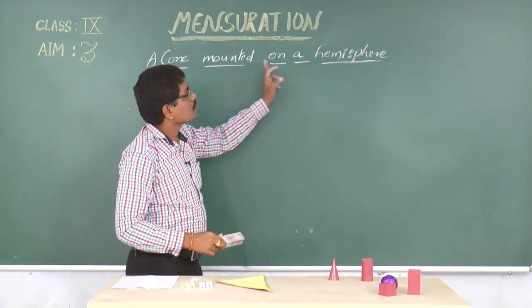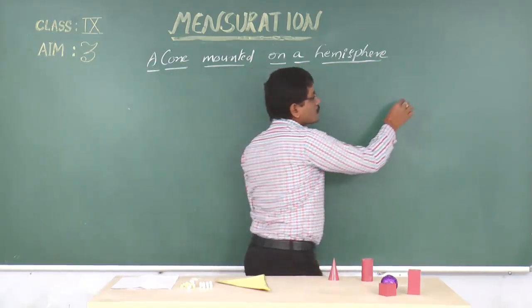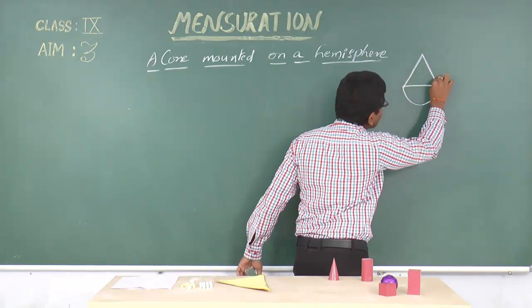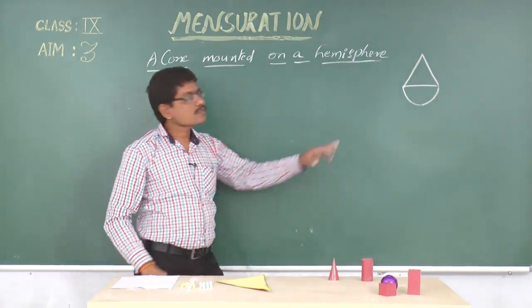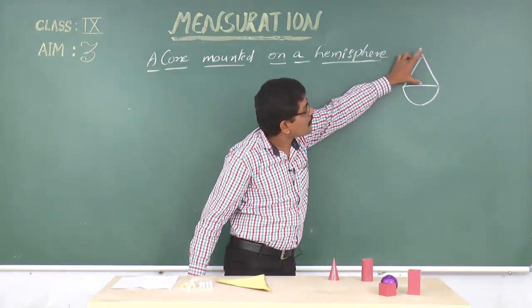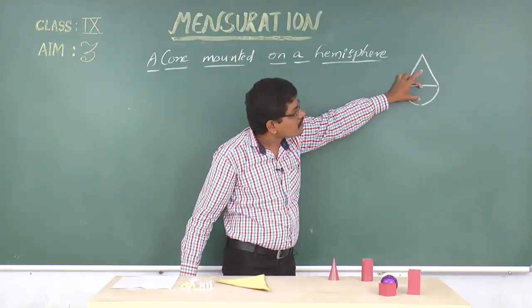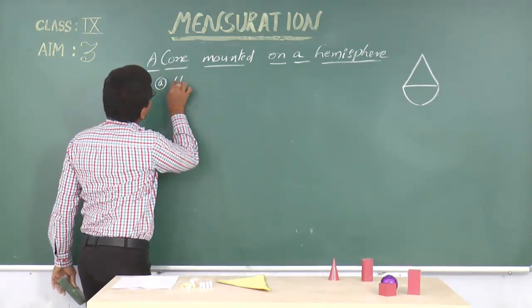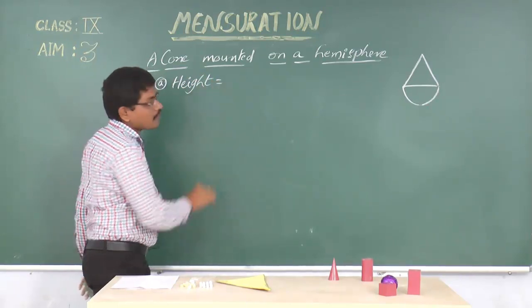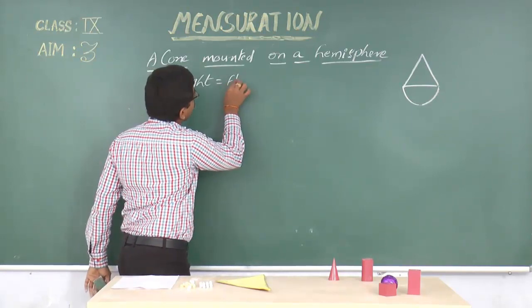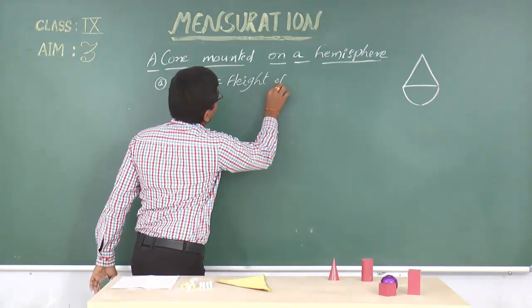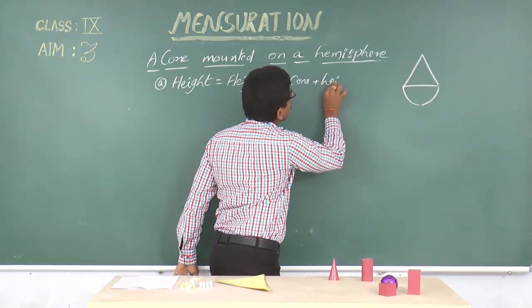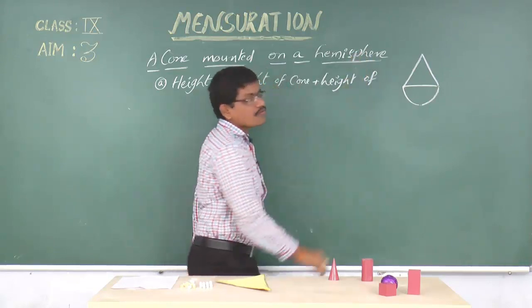Like this, if a cone is mounted on a hemisphere, then height is height of the cone plus height of the hemisphere, that means radius of the hemisphere.